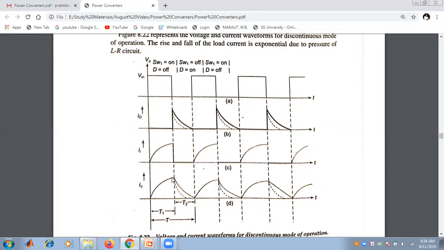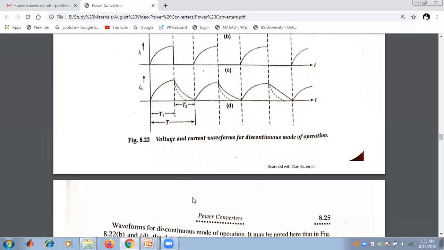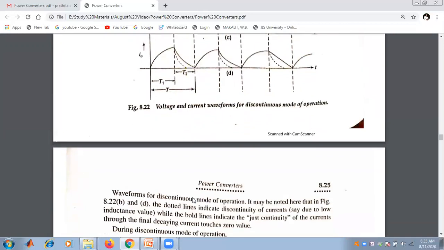There is a chance of the output current going to the zero value. The dotted line indicates the discontinuity of the current due to the low inductance, and the bold line indicates the continuity of the current. This is for the output current I0; there is a chance of the I0 current going to the zero value in each interval. That is the voltage and current waveform for the discontinuous mode of operation.